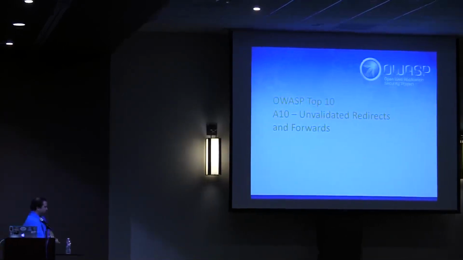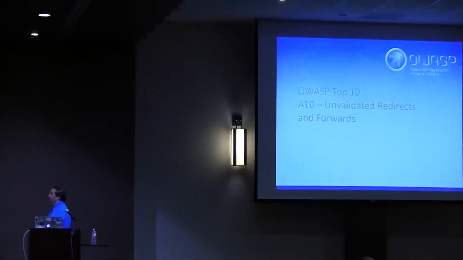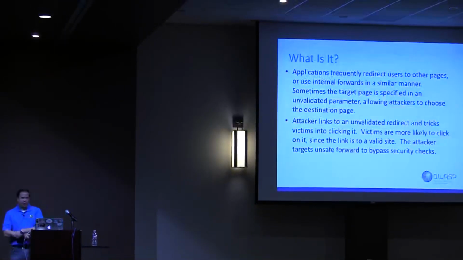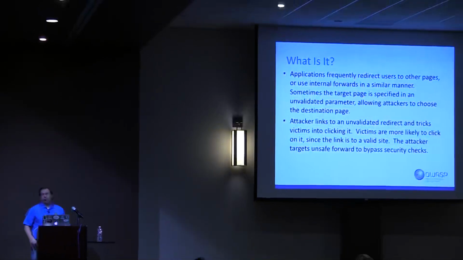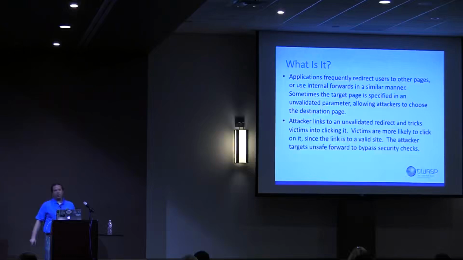All right, moving on. Last one of the OWASP Top 10, unvalidated redirects and forwards. Applications frequently redirect users to other pages or internal forwards in a similar manner. And sometimes the target page is specified in a parameter as part of the URL, which allows the attacker to choose the destination page.